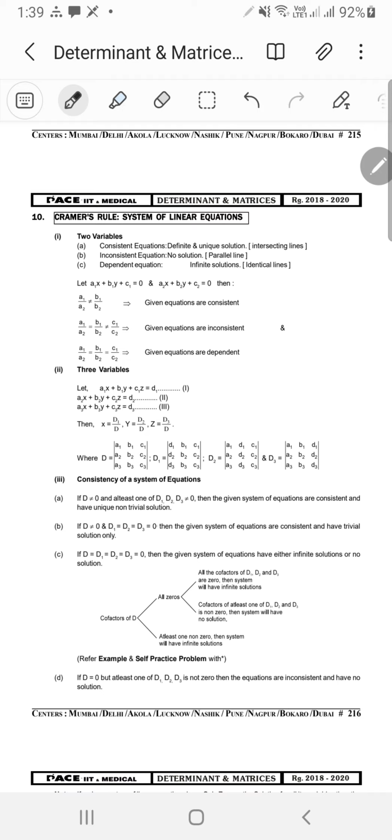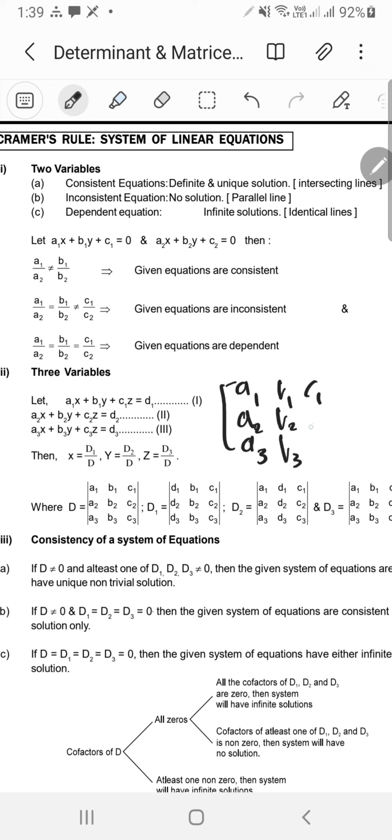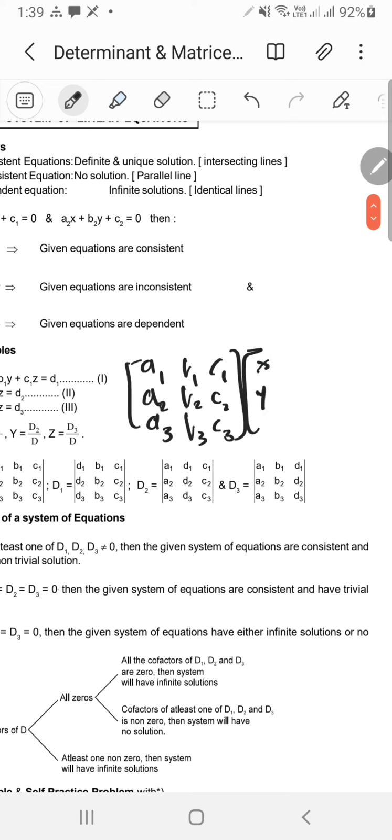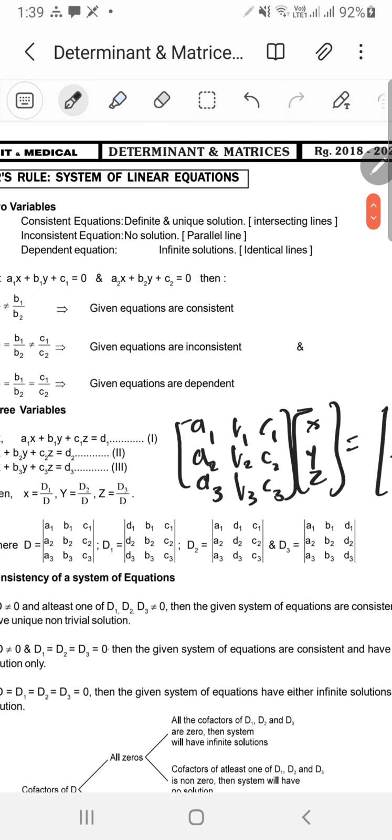Sorry. So think about it like this. The equation that we are dealing with is this matrix equation: a1, a2, a3, b1, b2, b3, c1, c2, c3, times x, y, z, equals this vector d1, d2, d3. Okay, and then what? Wait, something's weird.